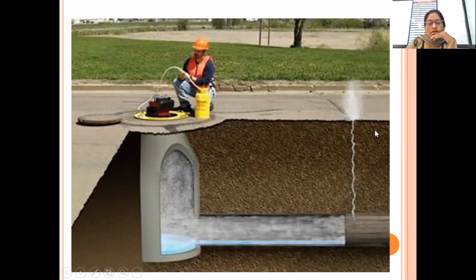Many times, a straightforward leakage is observed here, but we may observe the escape of water at another place and feel that the leakage is there, but it depends upon the type of soil and where the crack has occurred. It may be here also.